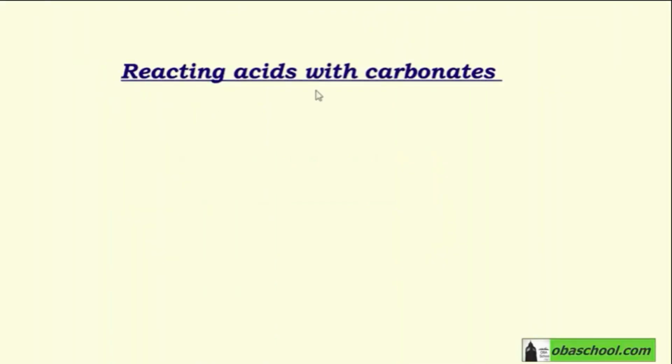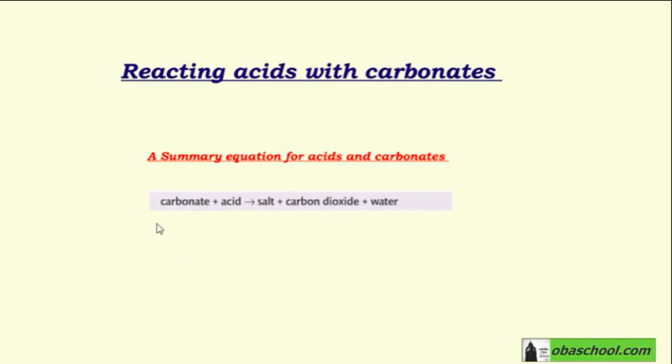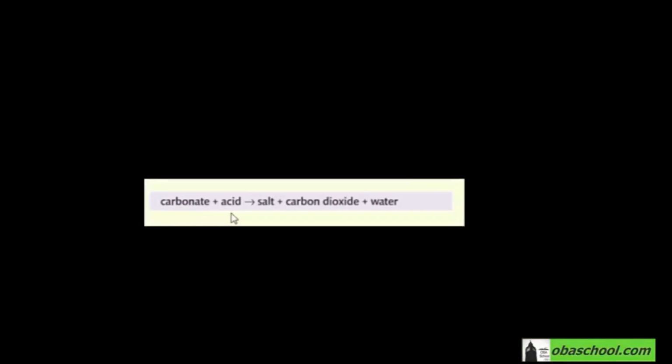Reacting acids with carbonates. A summary equation for acids and carbonates. We have an equation that summarizes all the reactions that generally occur between an acid and a carbonate, which is: carbonate plus acid reacts to produce salt plus carbon dioxide plus water.